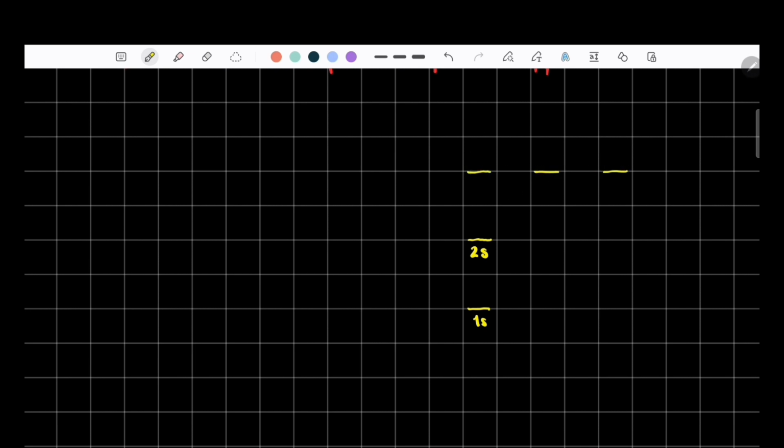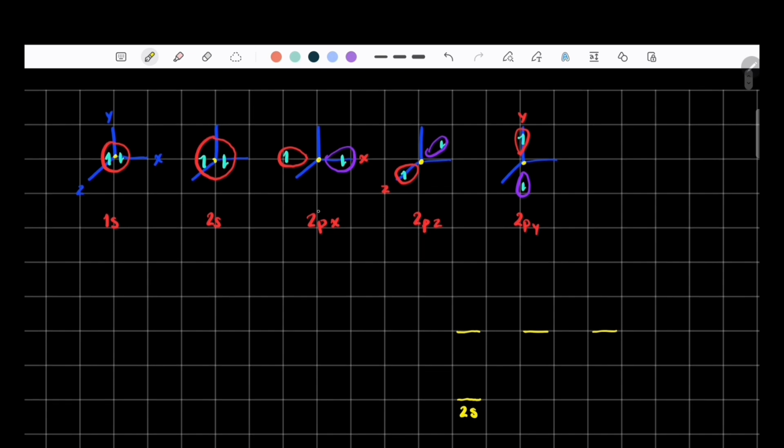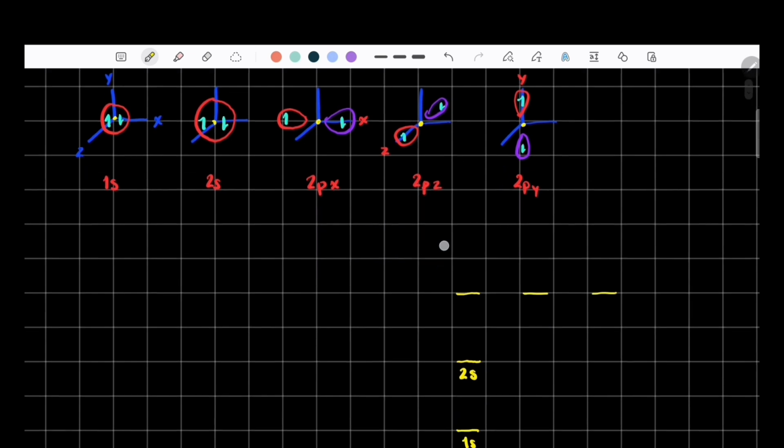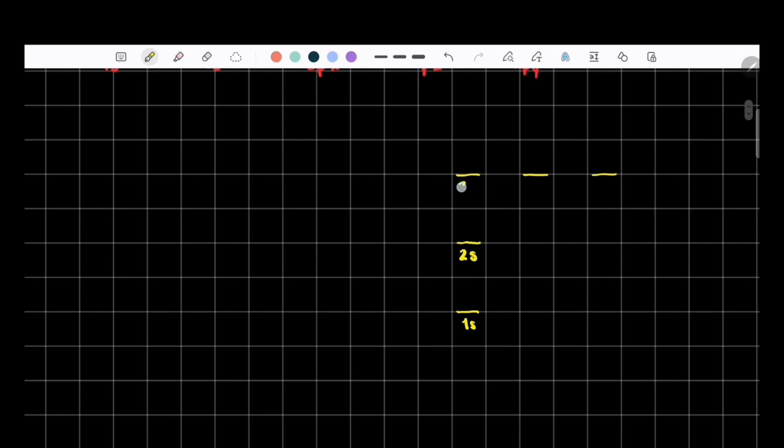These are going to represent our p orbitals. And now if you go back up here, we have 1, 2, 3 p orbitals. That's why we're drawing 3 lines. So we have our 2px, our 2pz, and our 2py. And usually you're going to have an arrow on the side going up like this. This is going to tell you that the energy is increasing as you're going up in orbitals.